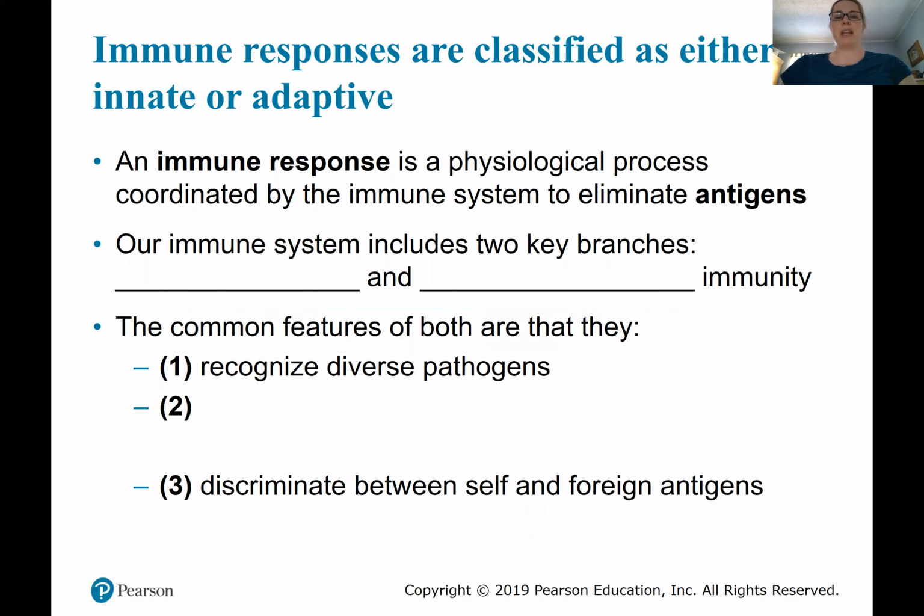And before we define that, let's talk about immune response. Okay? So an immune response is a physiological process. So remember, anatomy is the body's structures, and physiology is how the body works. So the immune response is a physiological process, and it works in conjunction.